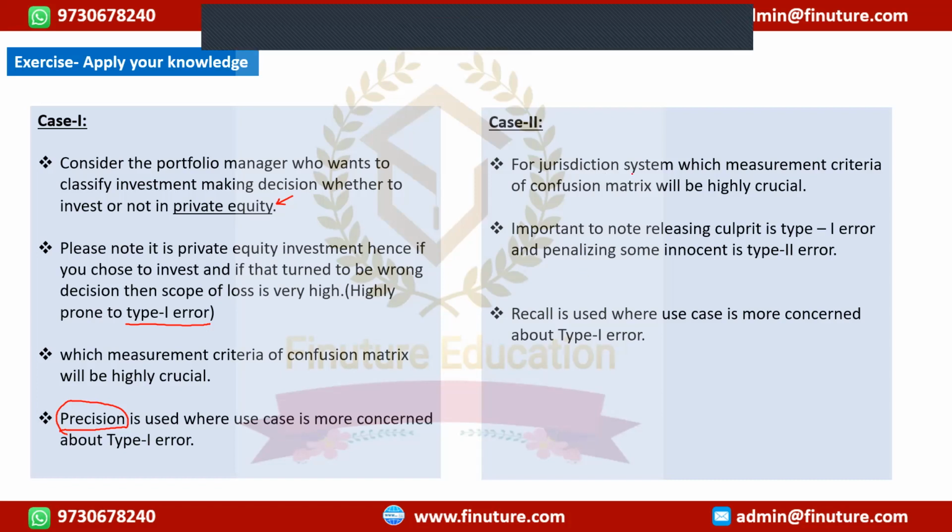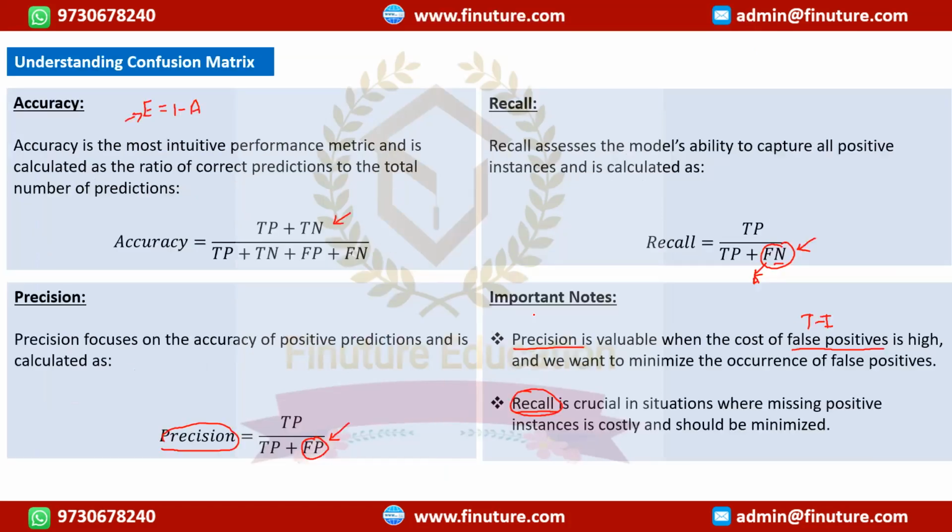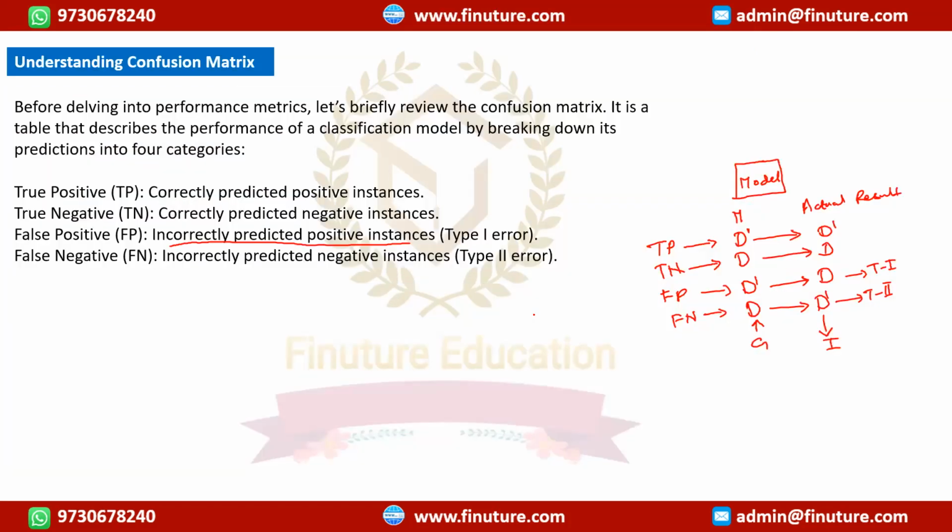Likewise, in the jurisdiction system problem, we are more focused on type 2 error. For type 2 error, recall is a good fit for performance measurement, because we don't want the model to produce false negative results. Let me just go back here.